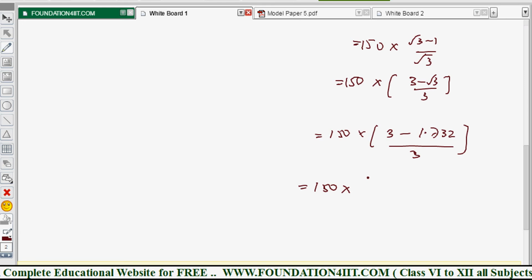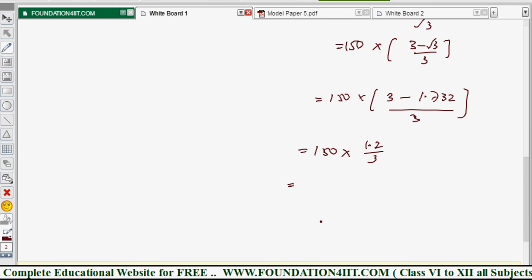So we'll get approximately 1.2 by 3. So it's the total value, 150. Here we can do cancellations. And accurately, if we take 1.268, by subtracting.